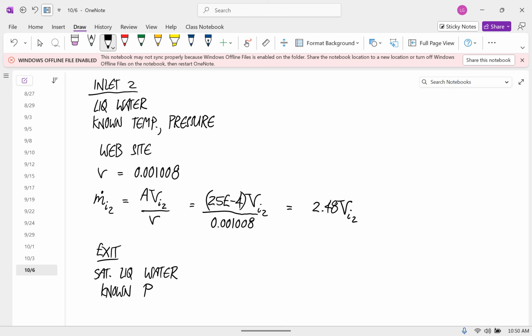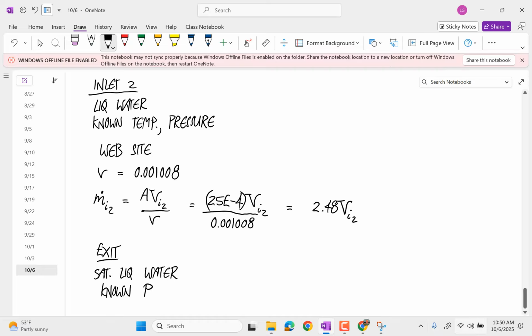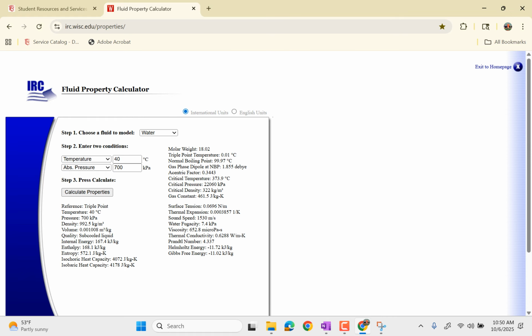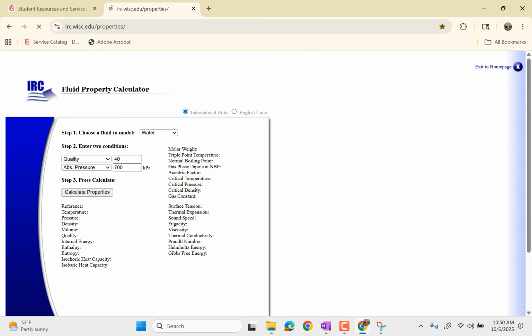Well, if you're at a saturation point and you have a table or a website for that material, and you know one property, you can look up all the other properties. So I'm going to go back to this table, and I'm going to say that what we want is a quality of 0 because it's liquid water and a pressure of 700 kilopascals.